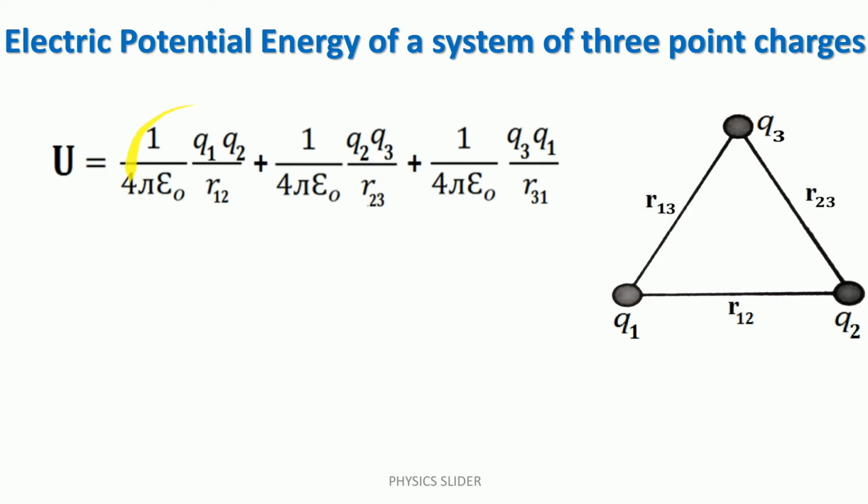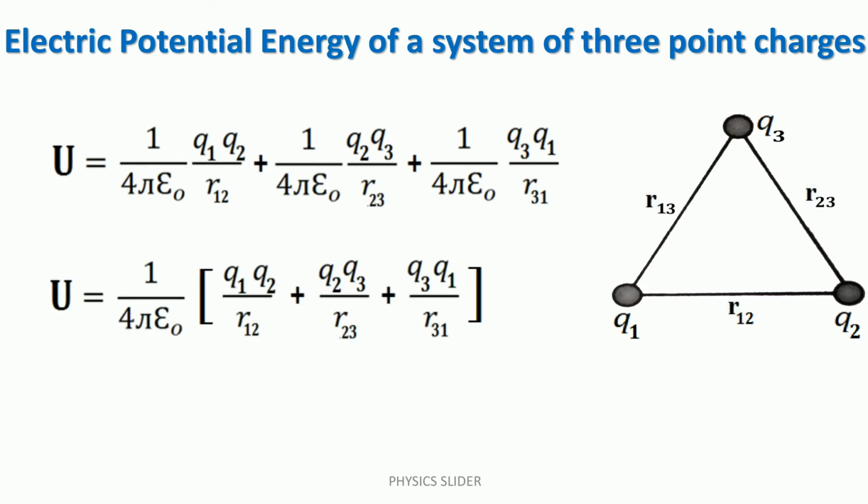We can take this 1 upon 4 pi epsilon naught as common in all the three terms, then we will get: U is equal to 1 upon 4 pi epsilon naught times (q1 q2 upon r12 plus q2 q3 upon r23 plus q3 q1 upon r31). This is the electric potential energy of a system of 3-point charges.